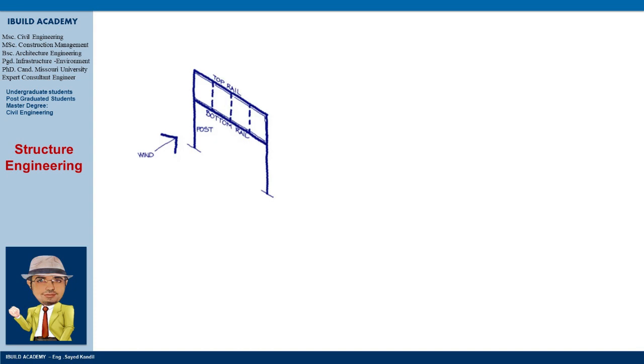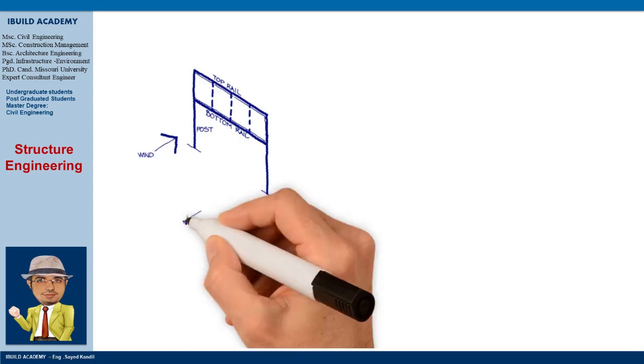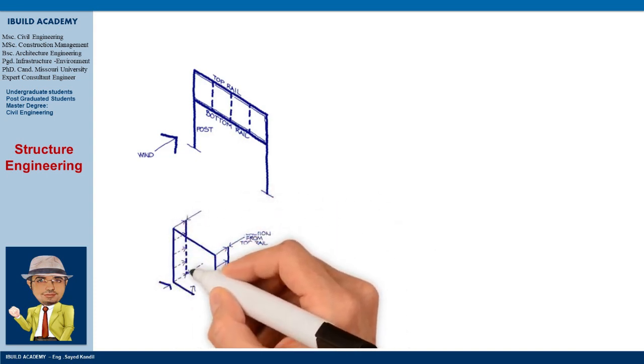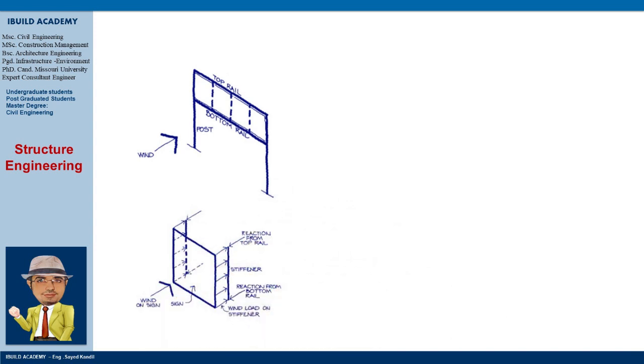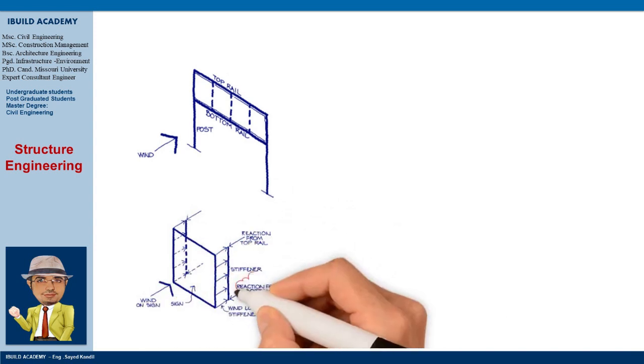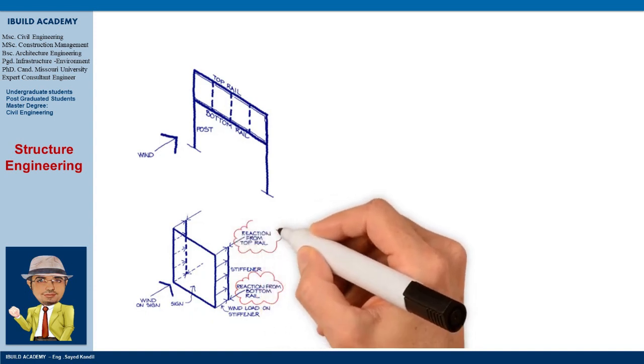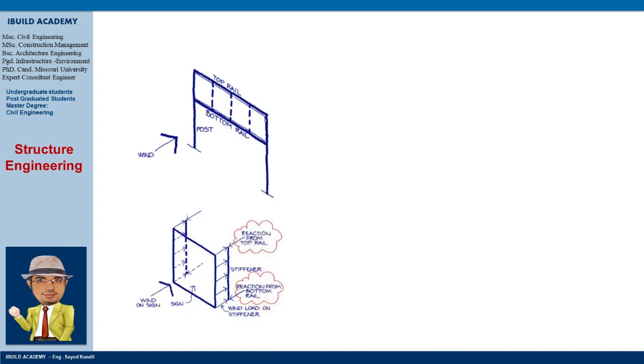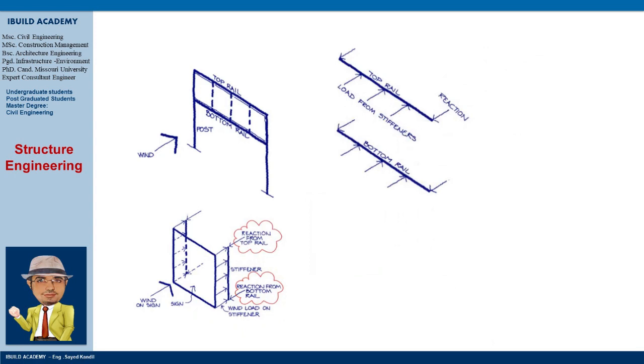The actual signboard spans horizontally between the vertical stiffeners, and the stiffeners act as vertically spanning beams, supported by the top and bottom rails. The reactions from the stiffeners become horizontal loads on the top and bottom rails. These rails act as horizontally spanning beams, supported by the vertical end posts.